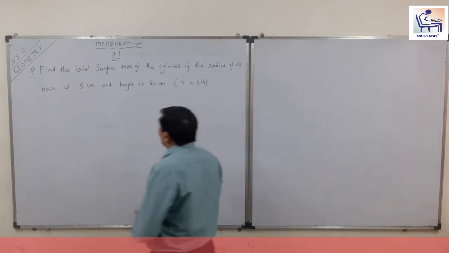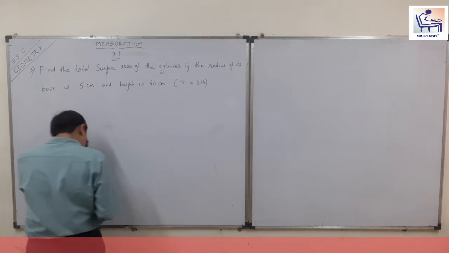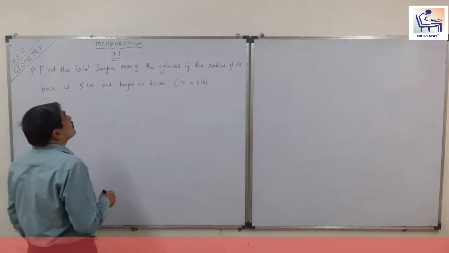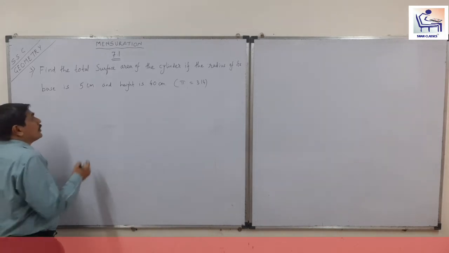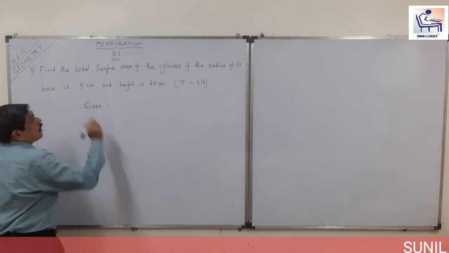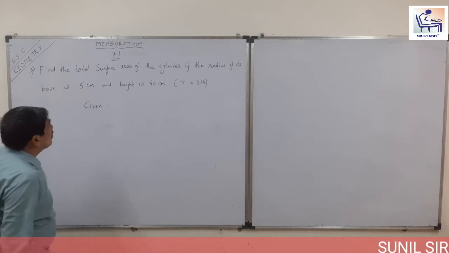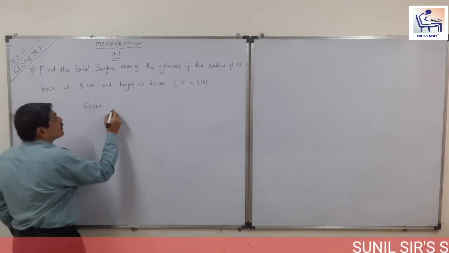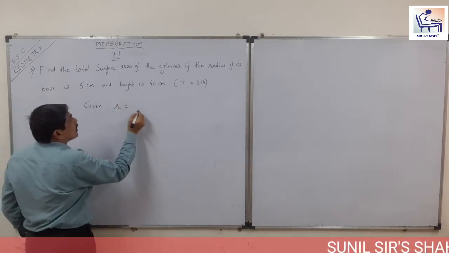Here we have to find out the total surface area. Total surface area of the cylinder. So what is given to you? हमें क्या क्या दिया है? Let's see. Given the radius of its base. So radius is how much?